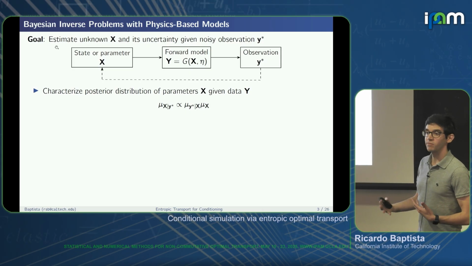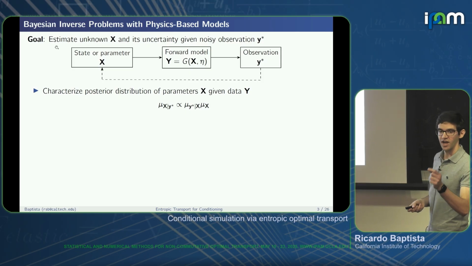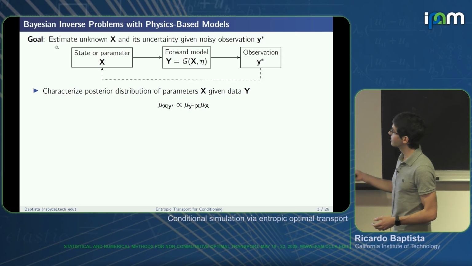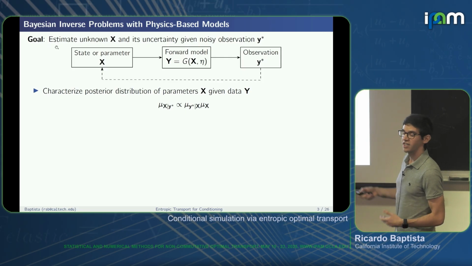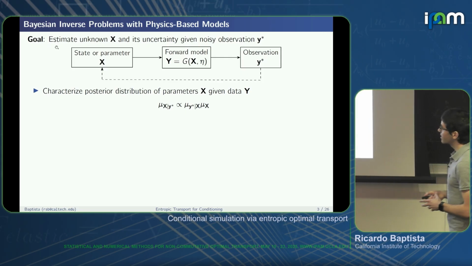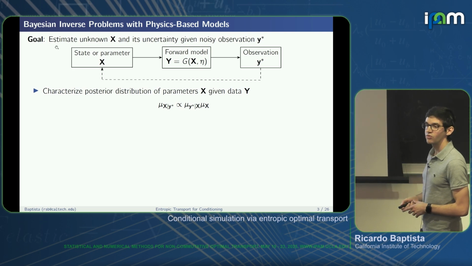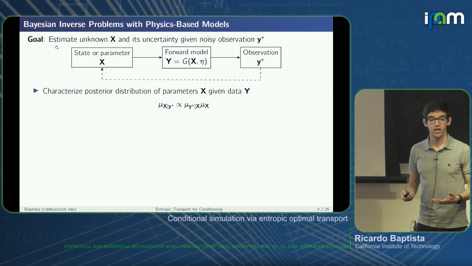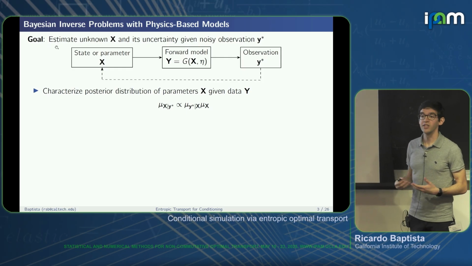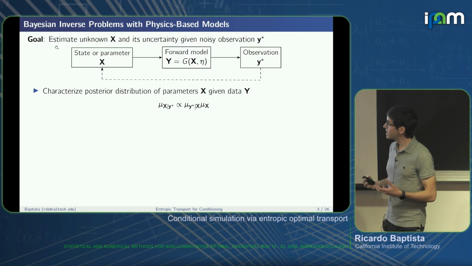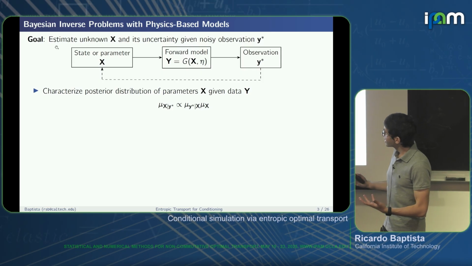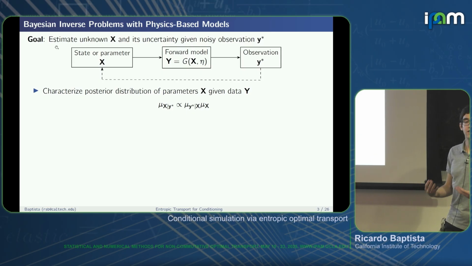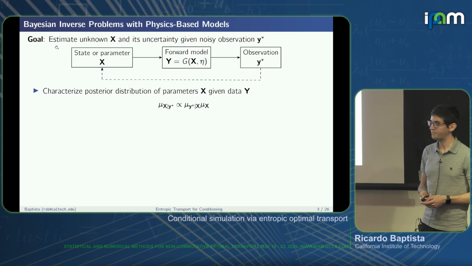If we want to do this probabilistically, what we'd like to do is not just recover x, but actually characterize the distribution of these states or parameters x given the observation. And this is something that from Bayes' rule we know is related to some prior distribution on x times some likelihood model, some model that relates x, the state, to the observation, usually as a result of this forward model.